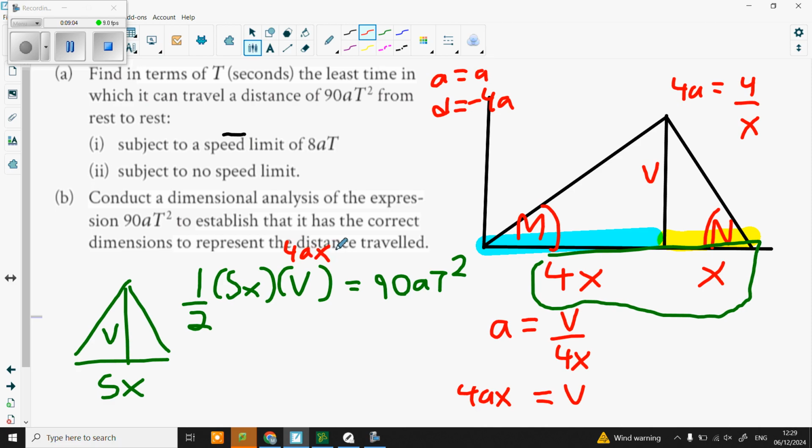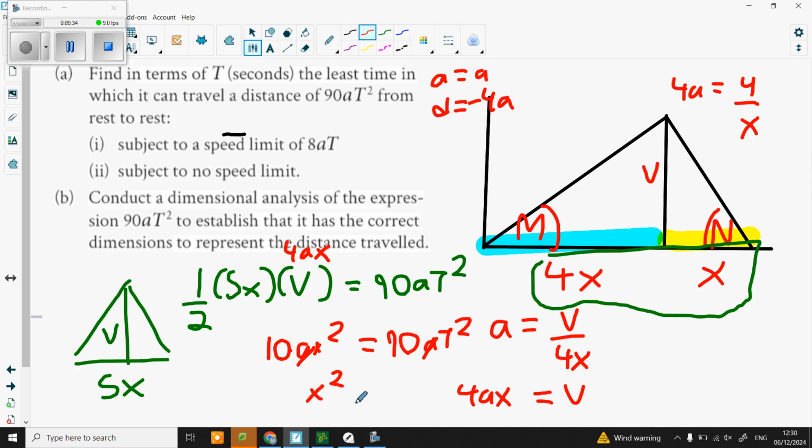At least I'm one letter down now, haven't I? I'm one letter down, which I'm pretty happy about. Now, multiply that out and I get 20ax squared, yeah? And divide that by 2. 10ax squared equals 90t squared. Okay. The a's cancel.